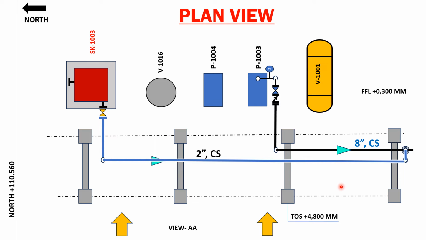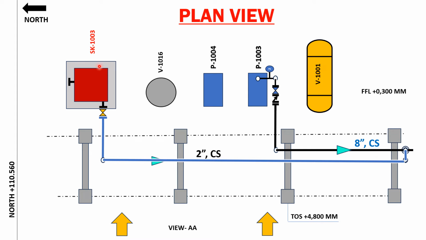Let's get started. So this is the plan view we have set as final, right? The line is going and connecting to the 2-inch spare nozzle. Now here I wanted to fix the number of supports first. Before getting into the support finalization, you have to understand how the entire scheme is.